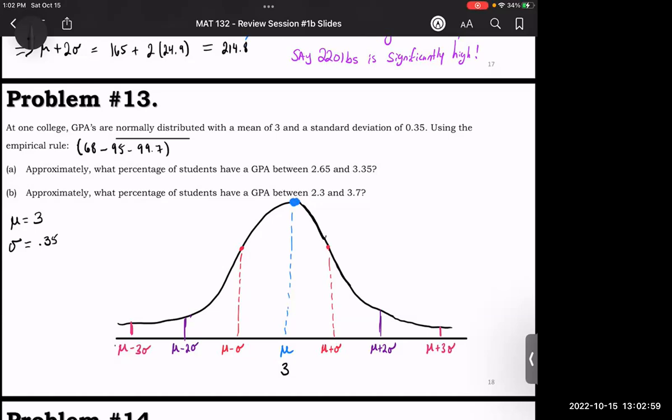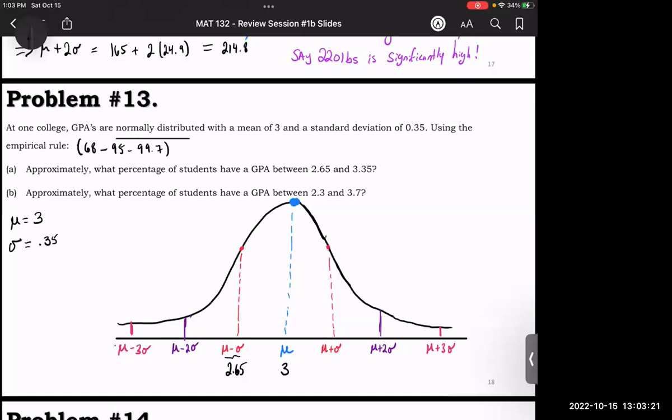Anyone? If you take 3 minus 0.35, what do you get? 2.65. Okay, good.